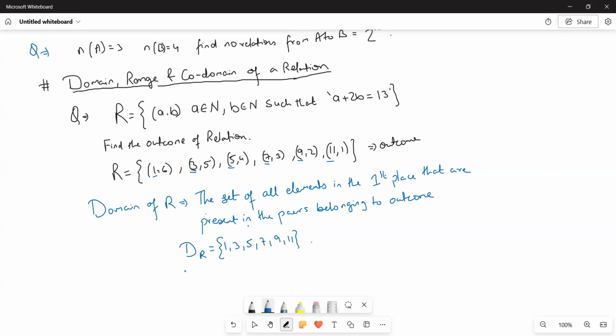Alternatively, the domain of the relation is also defined as the set of input values participating in pairing. Okay, the set of input values that are participating in pairing.